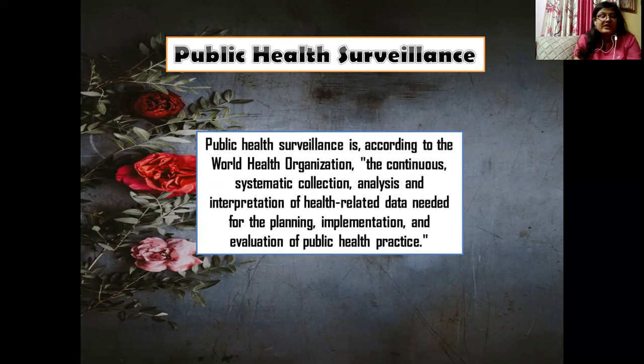The WHO definition is basically about the systematic collection of data. We collect the data in a defined population, analyze it, and detect the disease so that we can prevent diseases in a confined time. In this way, we can save many more people and their lives.